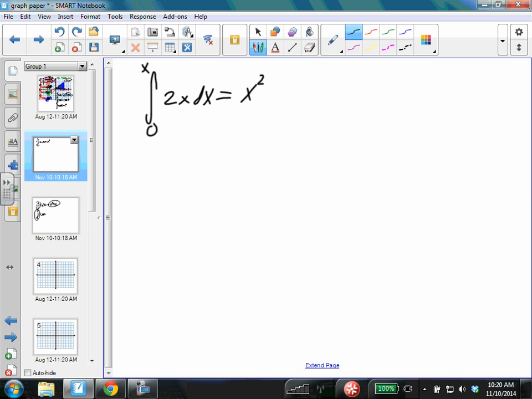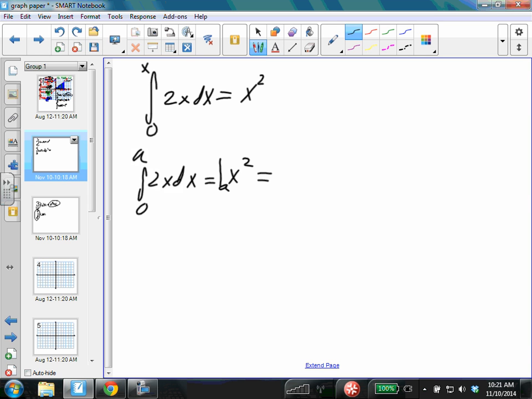Okay? Now, what if we wanted to go from 0 to a of 2x dx? What would we do? Well, a could be any number whatsoever. It would be x squared, but then we need to plug in what?